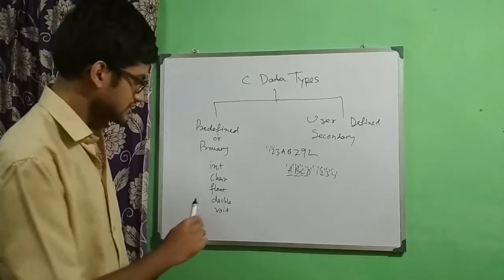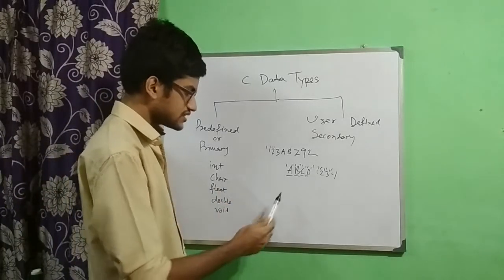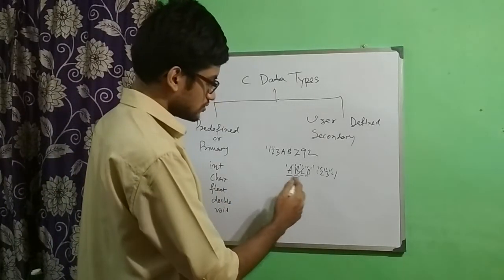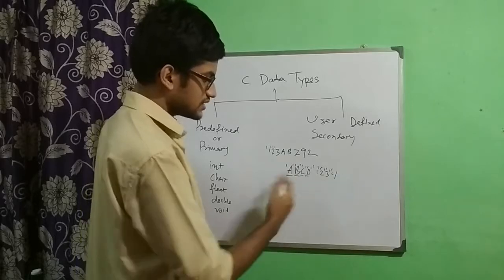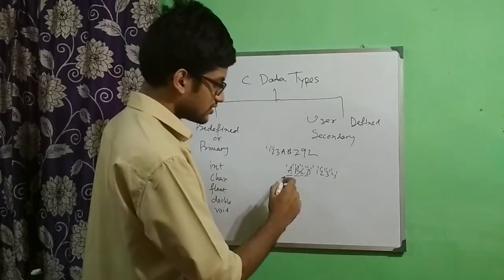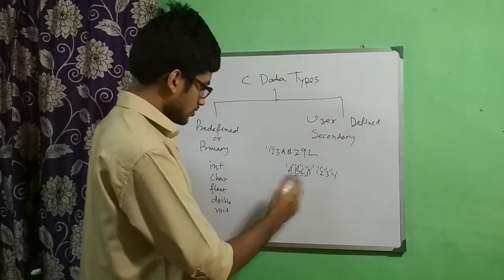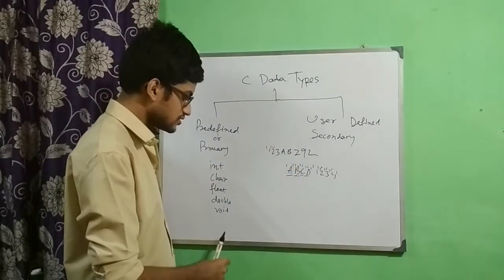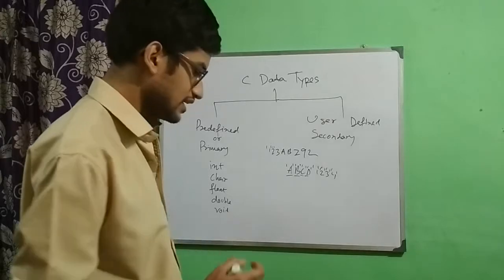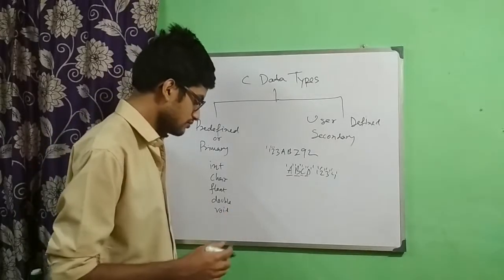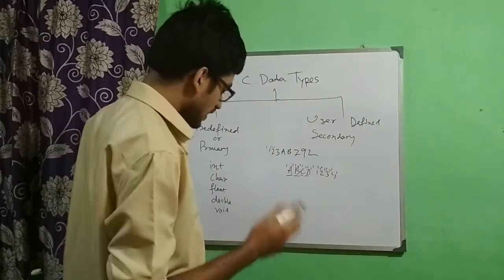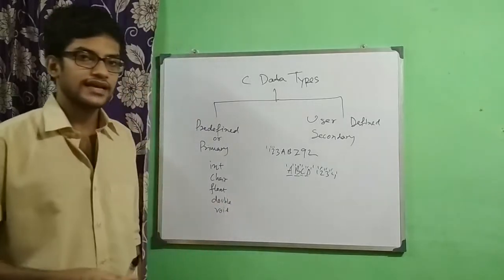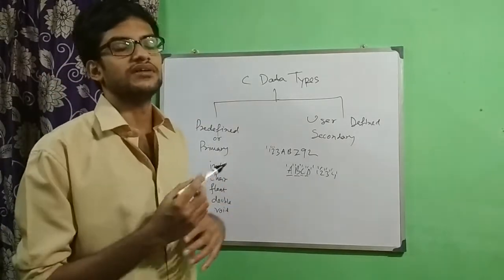And when I'm just saying character, I'm referring to these elements individually, because there is no concept of string in C language. If you want to implement the string concept, you will have to take a character array. Array is the collection of elements.